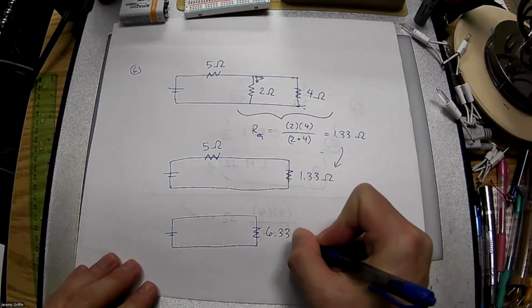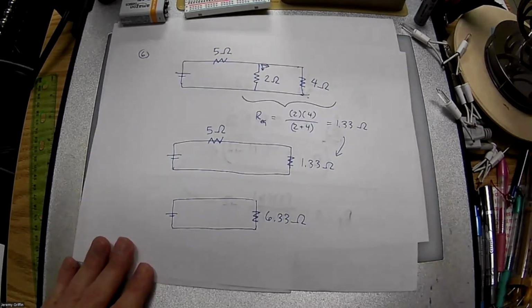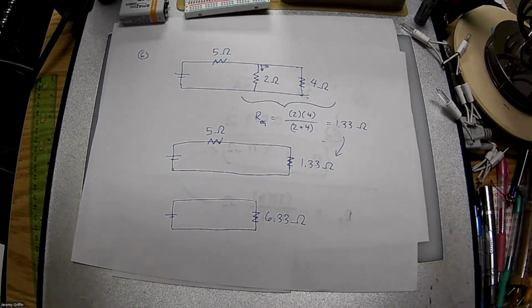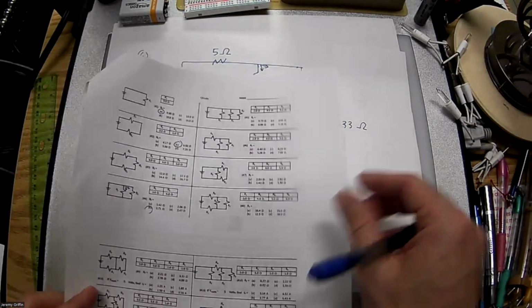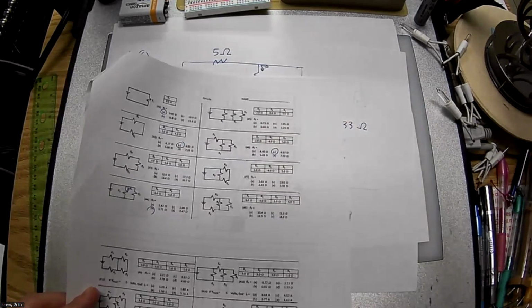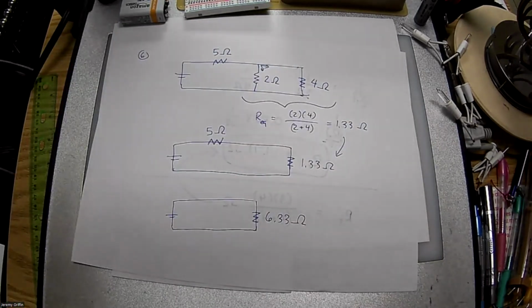It's as if there's only a single resistor on the entire circuit that's that many ohms. And that should be the answer. Make sure that that's an answer choice on the paper. It is. Boom, they're done. All right, guys up there?